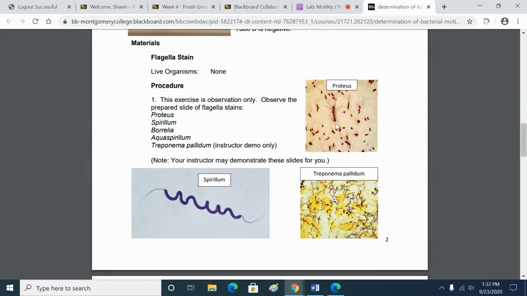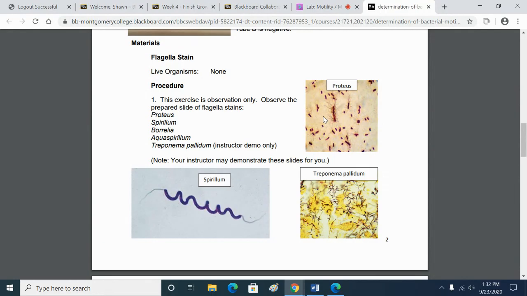And so what's the arrangement of flagella of Proteus? It's peritrichous because they're all around that cell. But you will notice that almost none of the other cells in this image show that correct arrangement.